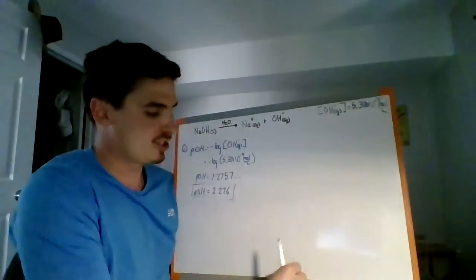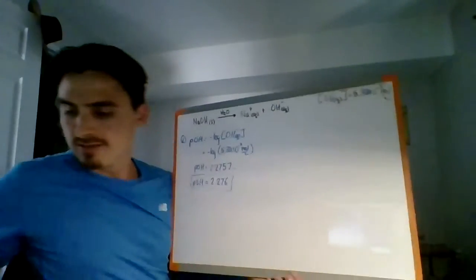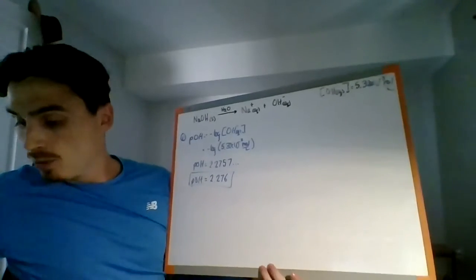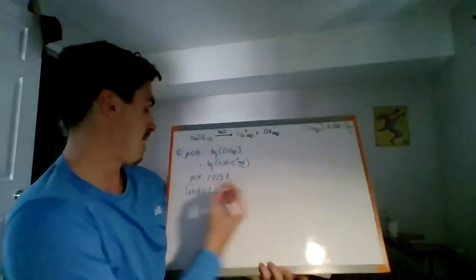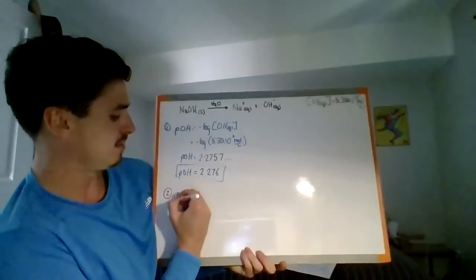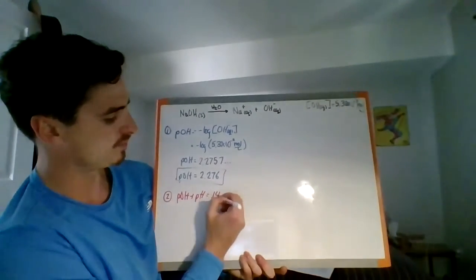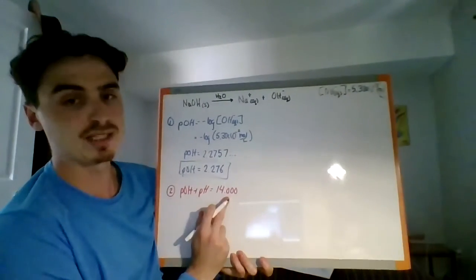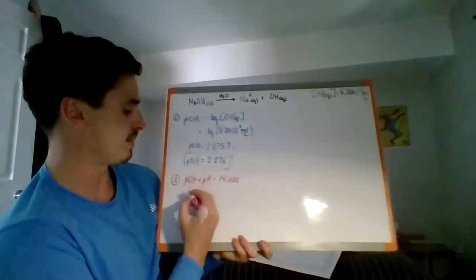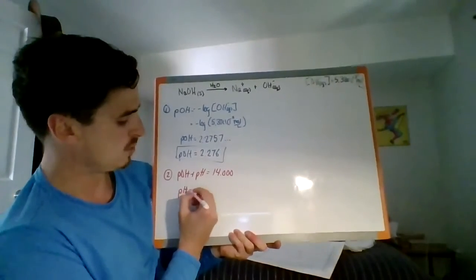Okay. Well, right away, if we have the pOH, we can really easily find the pH because pOH plus pH is 14. I'm just writing 3 decimals here because there's 3 decimals there. Keeps it easy.